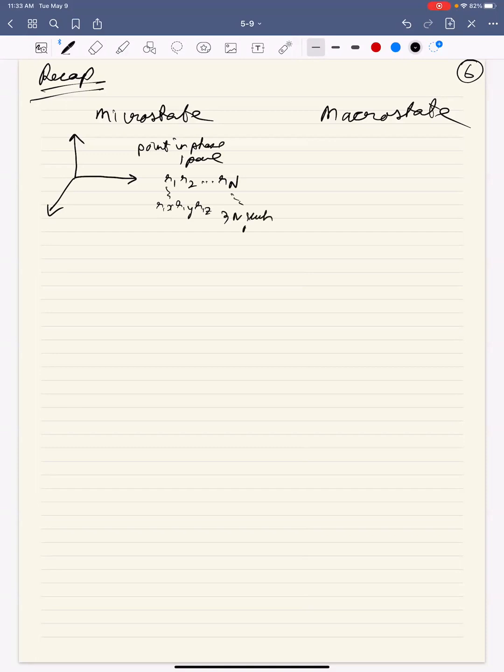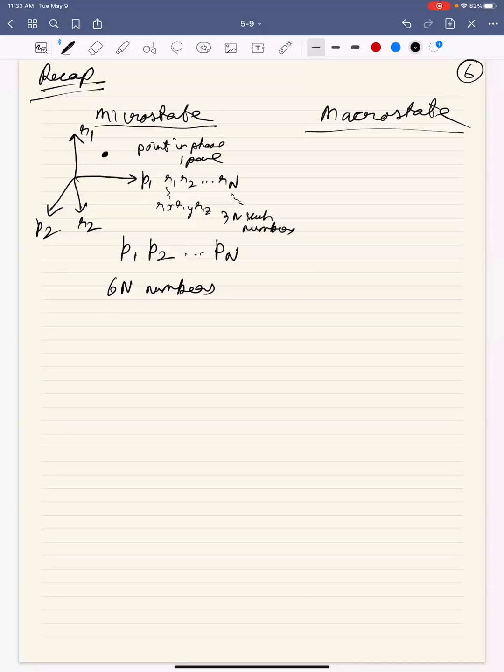This is also known as the configuration space. And we have 3N momentums, or N momentum vectors, okay? So total, we have 6N numbers. So the most accurate definition of a microstate is p1, r1, p2, r2, and so on. In order to characterize a point in microstate, you have to characterize it with 6N numbers, right? While in macrostate, how can we characterize a point in macrostate?